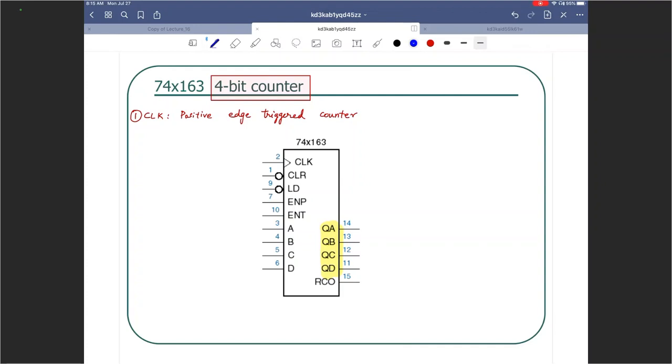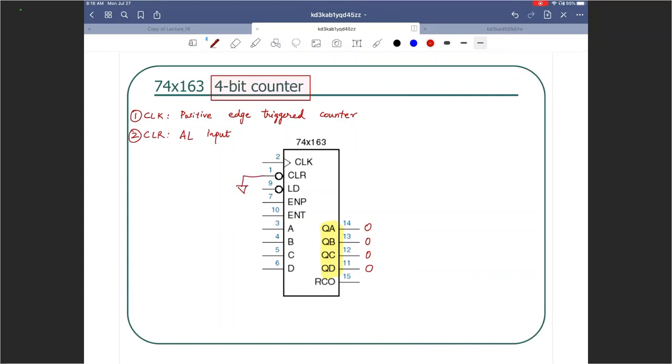The second pin on the left is clear, and clear is an active low input. It is used to clear the counter, which means that I can make all these outputs 0 if I connected this to ground, for example.